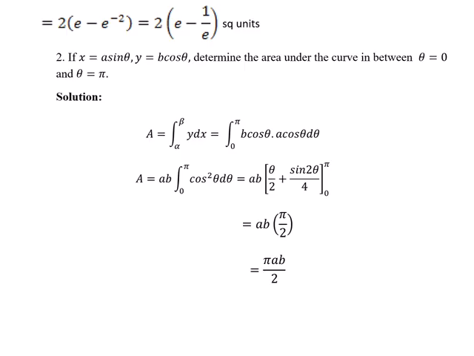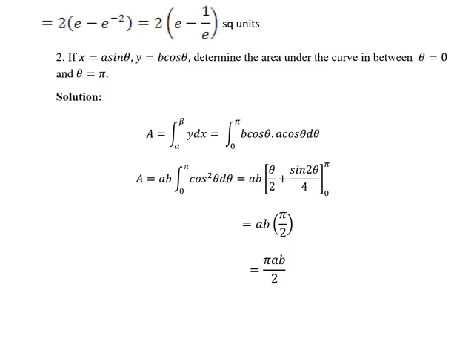Now we put in the intervals, that is the boundary values given, and substitute into the integral values that we are having there. So anywhere you see theta, substitute pi. That is the first value we are going to substitute. Substitute pi, we have pi over 2 plus sine 2 pi all over 4.